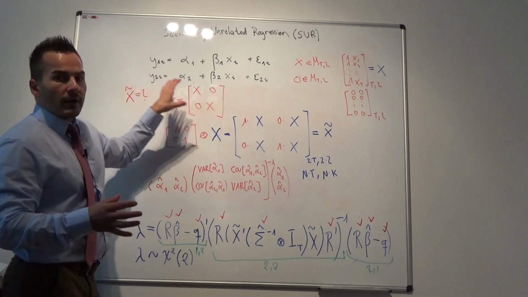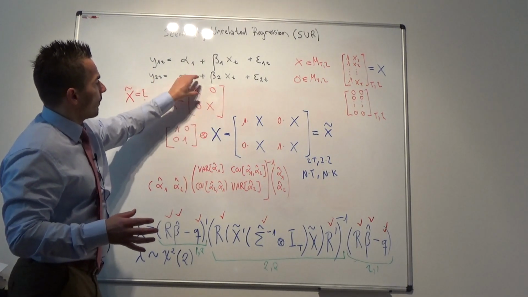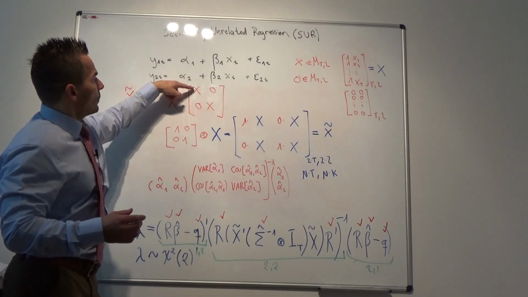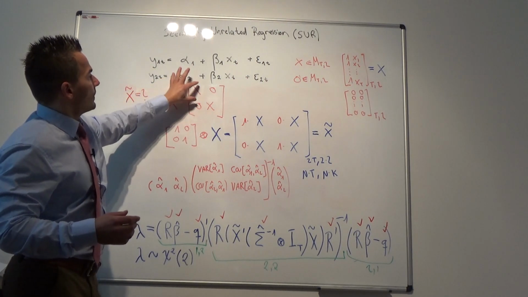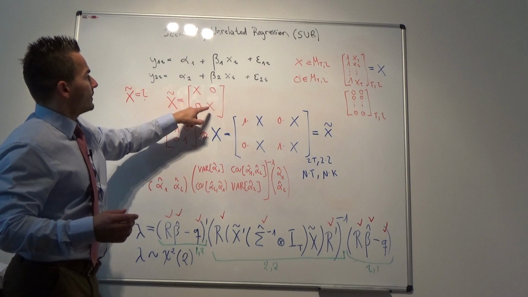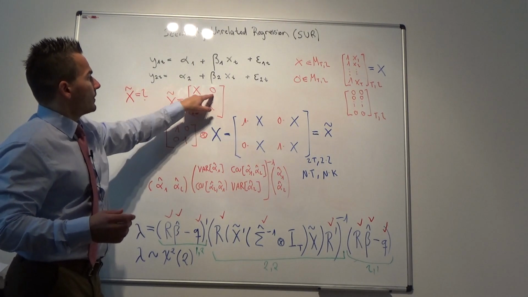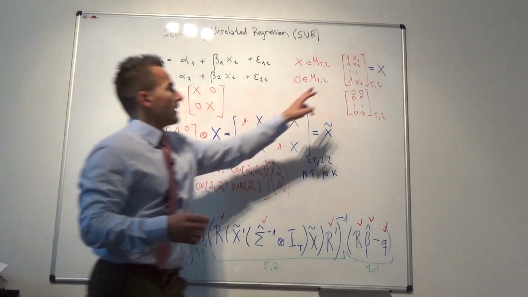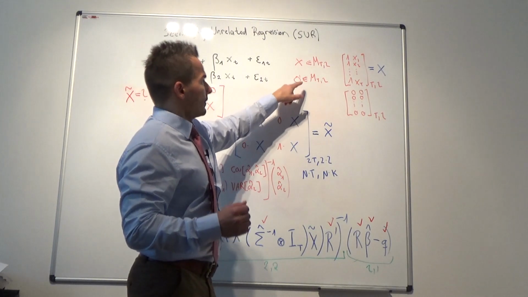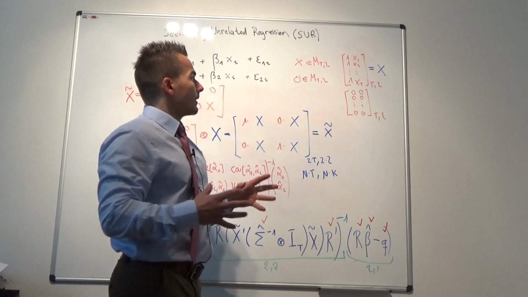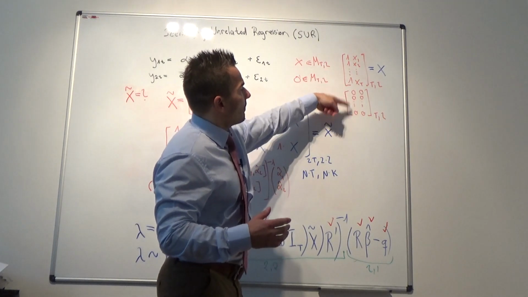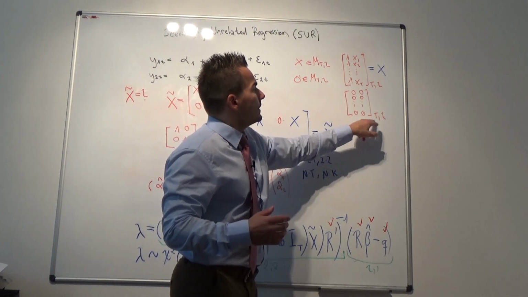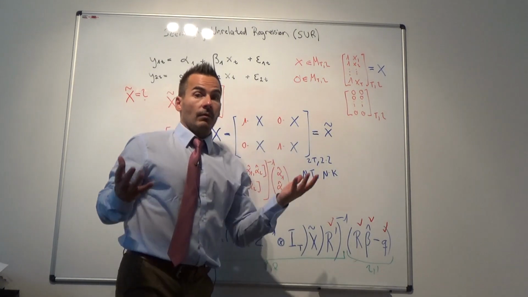So we have two equations, and on the main diagonal of that block matrix we have our regressor matrix X. Here we have a capital T by 2 matrix, here we have a capital T by 2 matrix, and the dimensions of the zero matrix here must be the same as the dimension of our regressor matrix X. So this zero matrix is also a capital T by 2 matrix, with simply two column vectors of zeros.